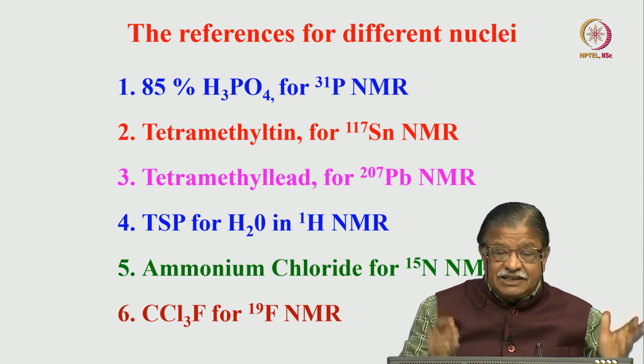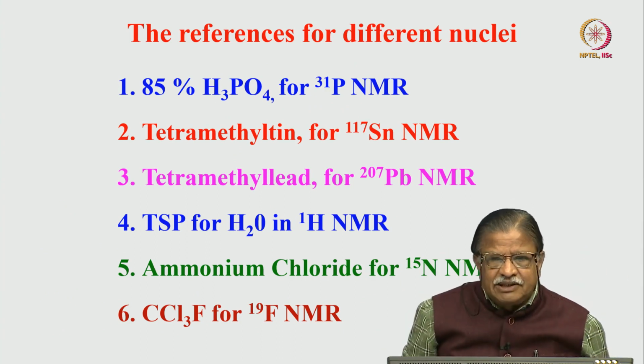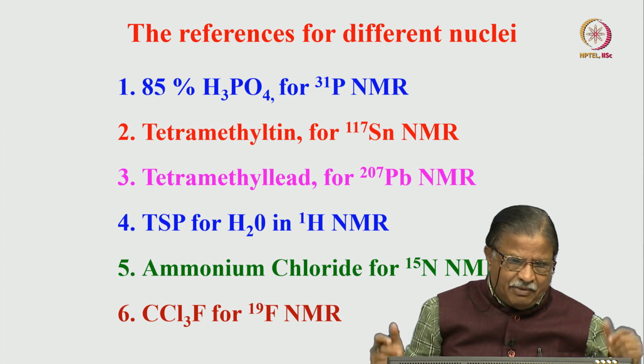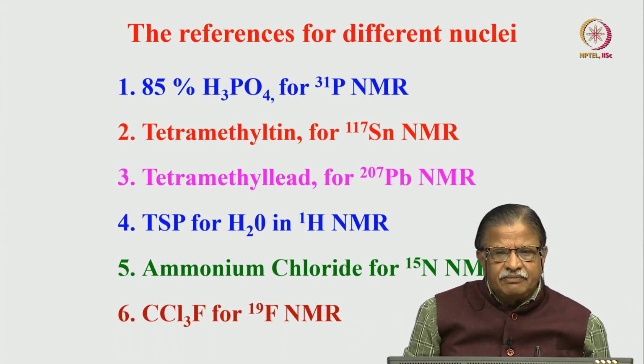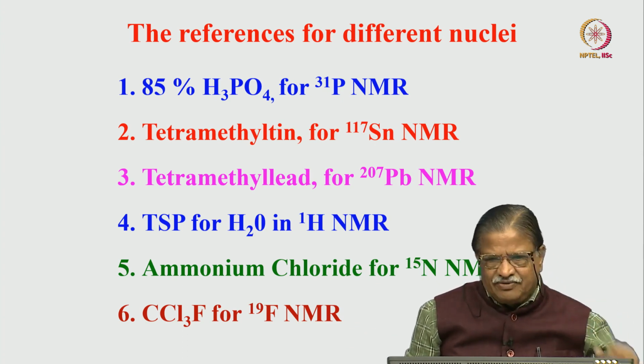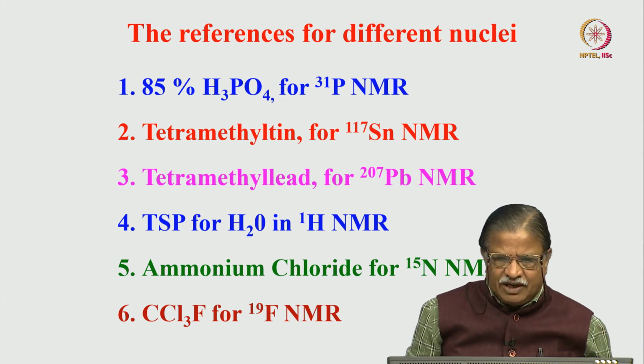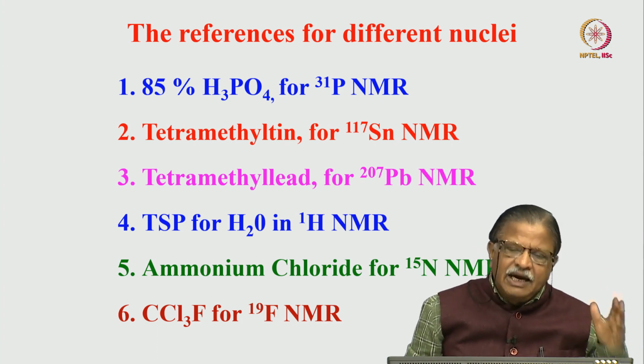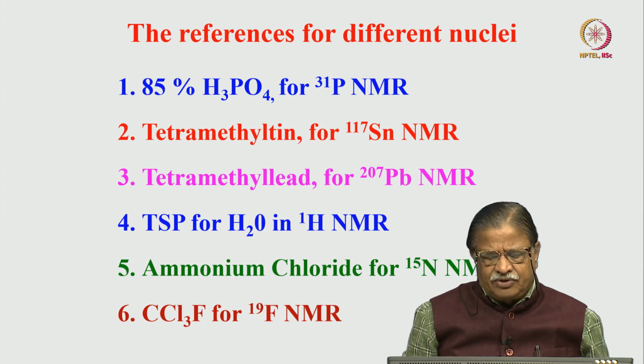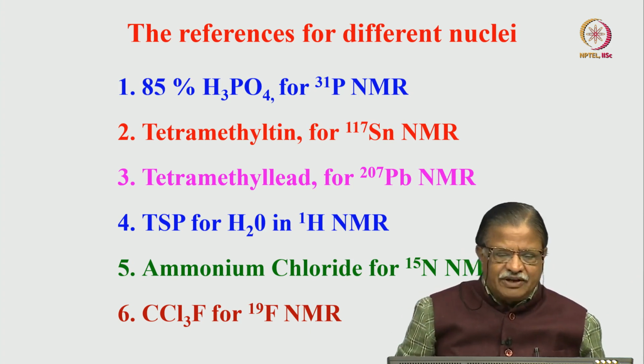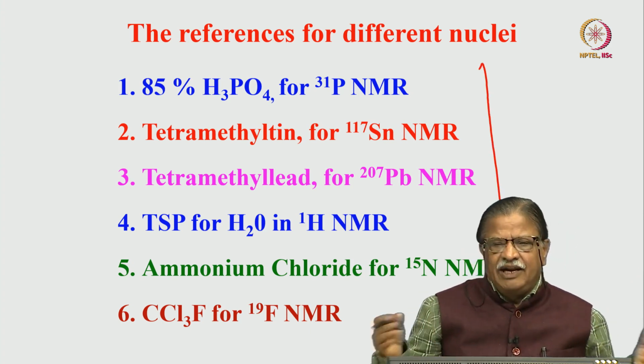Of course, as I said, there are so many elements in the periodic table, and everything can be studied by NMR. Then for each nucleus, there must be a reference. When you take the NMR spectrum, it has to be with reference to some peak. Those references are available in books.